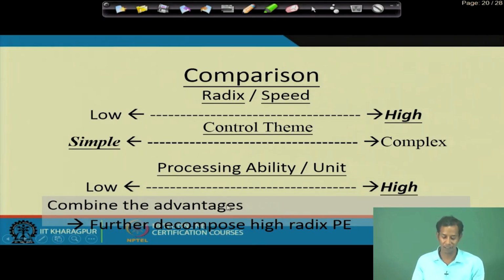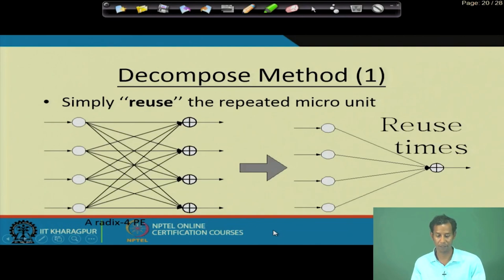So, combine the advantage of decomposing using high radix processing elements.